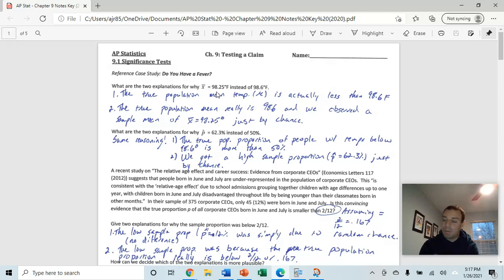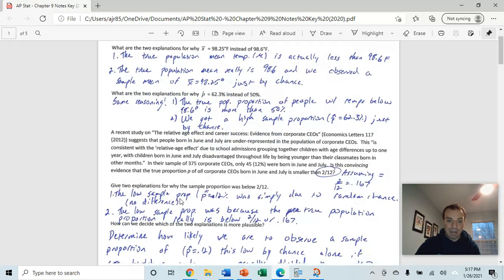So whether you're dealing with proportions or you're dealing with mean type problems, you want to go through that same concept and that same idea. There's two things that could happen. Either this is true and we just got a sample mean or proportion by chance, or it's not true and we have to kind of assess our claim about the actual mean or the actual proportion value. We're going to work through that next example in class, so we don't have to go through that one now.